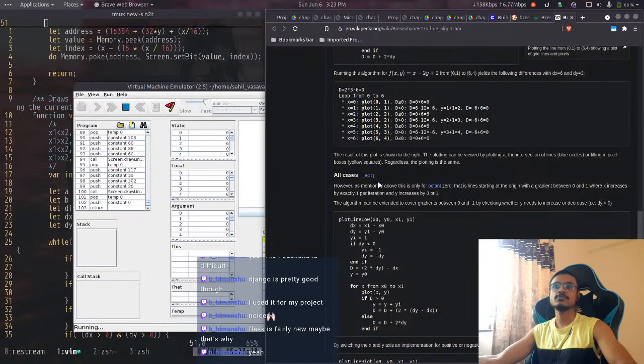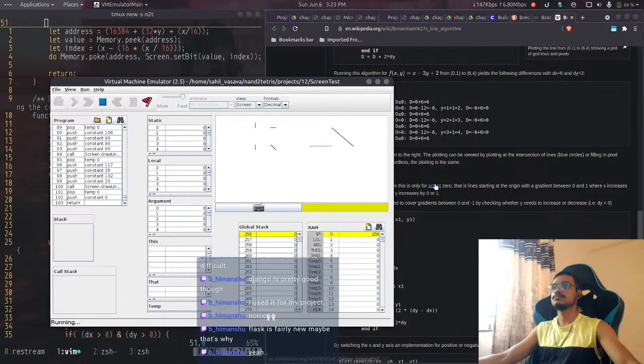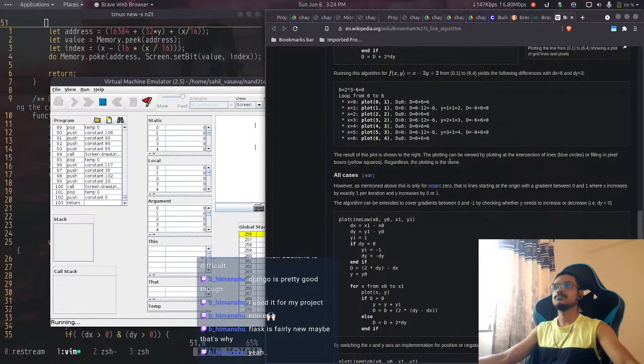Honestly, when I used to do front-end development in Vue, I liked Vue so much, and after that I tried to learn React as well, but for some reason I just couldn't like React at all. I liked Vue more than React. I don't know why. Vue seems much more elegant than React.